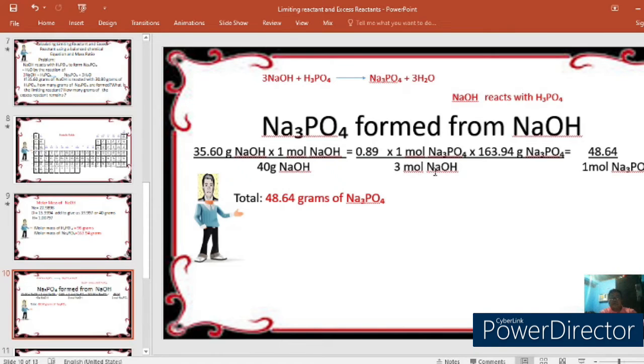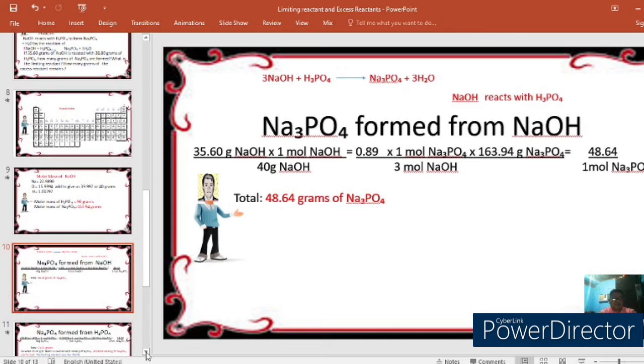So 3 moles sodium hydroxide times 163.94 grams, which is the molar mass of sodium phosphate, to give us 48.64 grams of sodium phosphate.